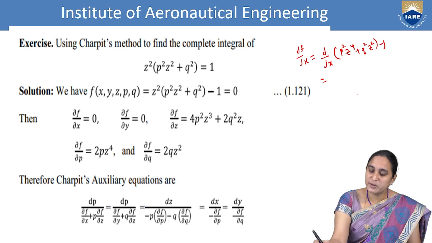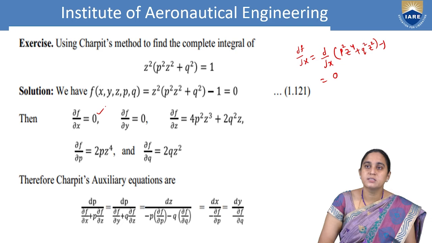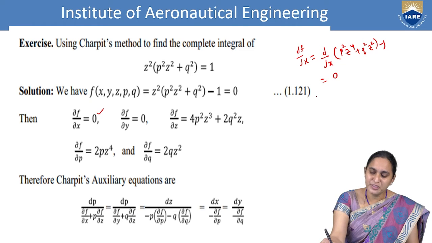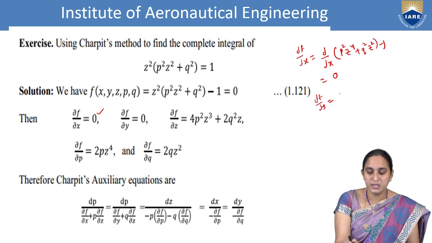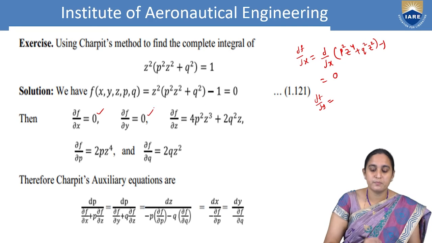With respect to x, there is no x term in the given question, so that is 0. Therefore, dou f by dou x is 0. And next, with respect to y, there is no y term in the given question. Therefore, with respect to y it is also 0.